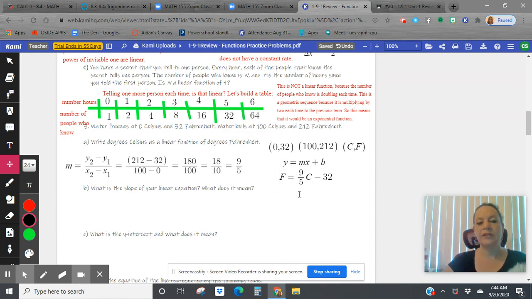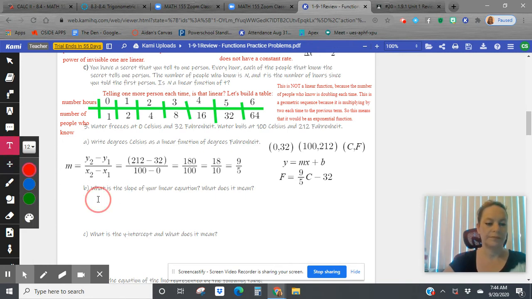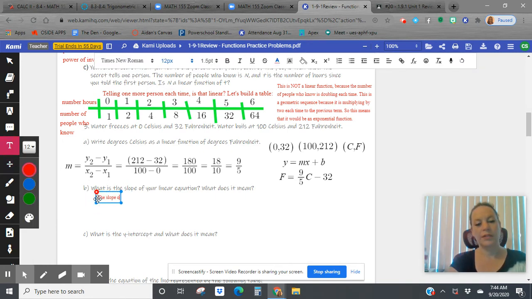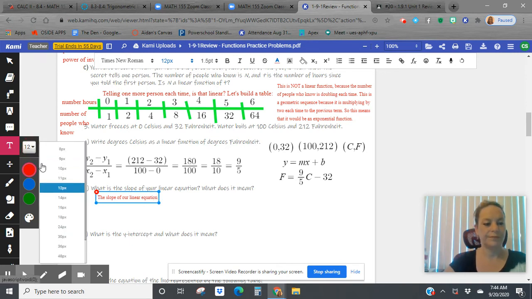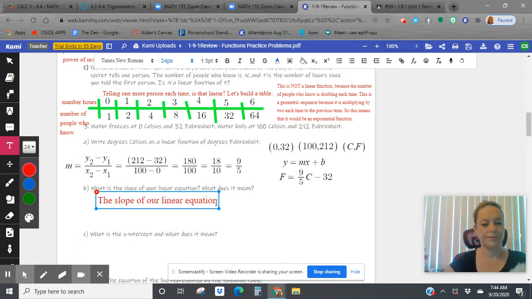Write the degrees Celsius as a linear function of degrees Fahrenheit. What is the slope of your linear equation and what does it mean? The slope of our linear equation is 9/5.